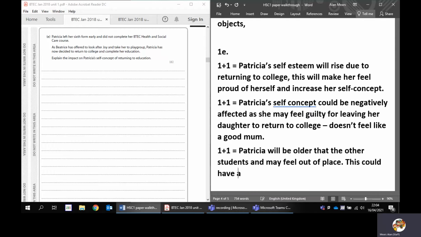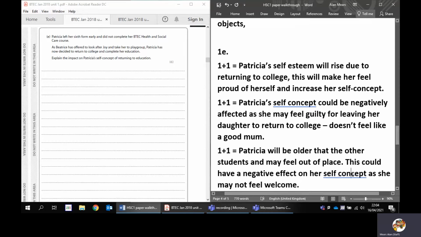This could have a negative effect on her self-esteem. Oh, sorry, self-concept, as she may not feel welcome.